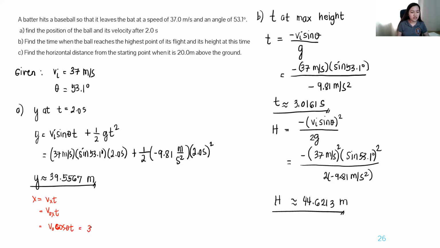So we can just substitute the values. The initial velocity is 37 meters per second, cosine of 53.1 degrees times 2. So we can use our calculator.